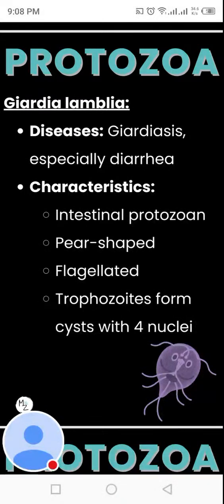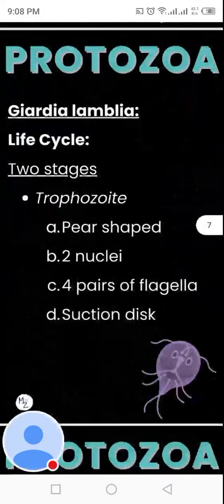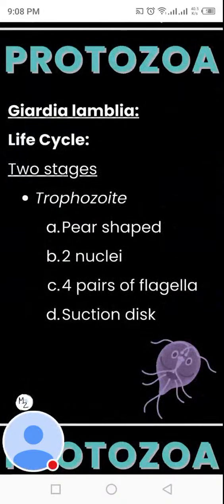Is this slide clear to you all? If you have any questions, please ask in the comments. I'll be more than happy to answer your questions. I'll wait for some time so you can ask any questions about Giardia lamblia or its characteristics.